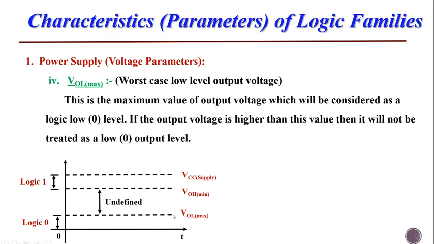Here the range for low level output voltage is from 0 volt to this VOL max. If the voltage falls between this range, then it will be treated as a logic 0 output voltage, and if the voltage is greater than this VOL max, then it won't be treated as a logic 0 output voltage, or it is undefined.